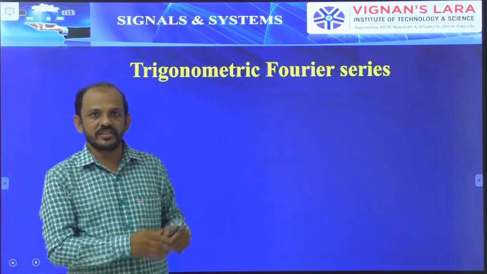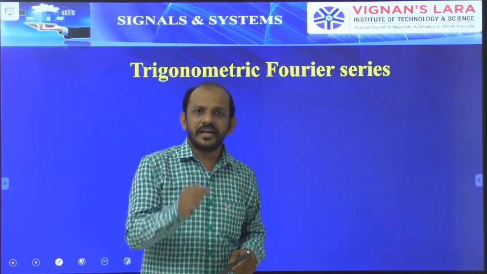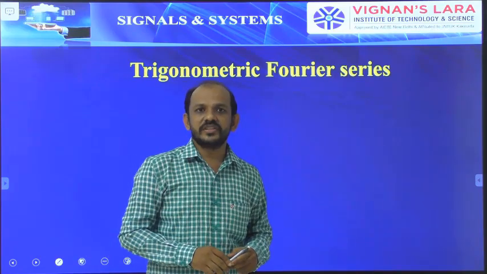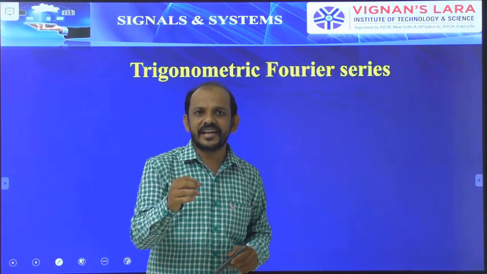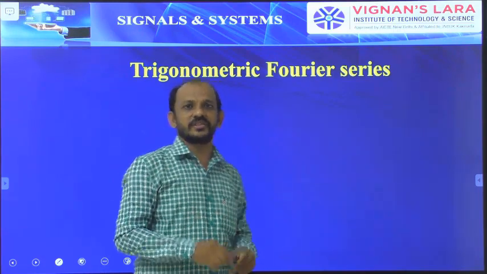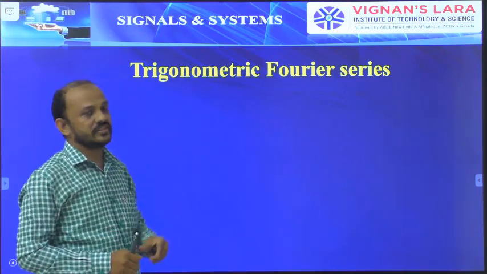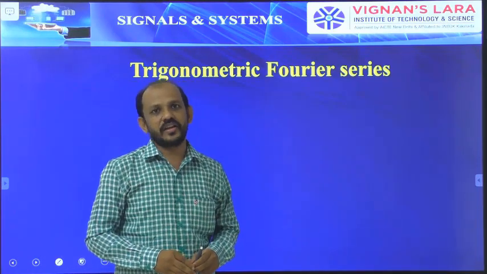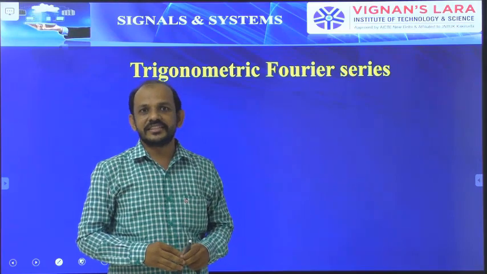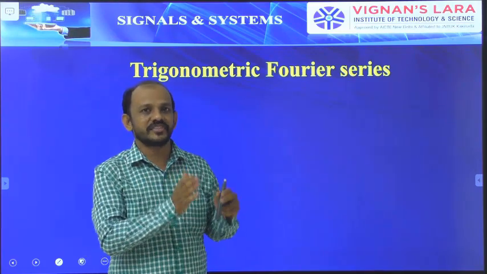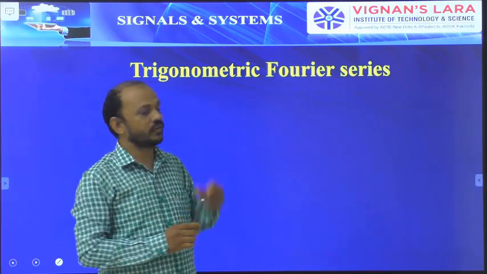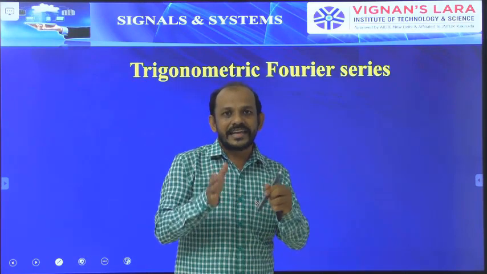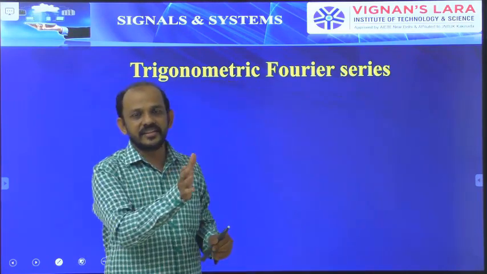The trigonometric functions are nothing but the sine function and cosine function. That means in a trigonometric series we will get sines and cosines, or simply we can say it is in terms of an infinite sum of sines and cosines.